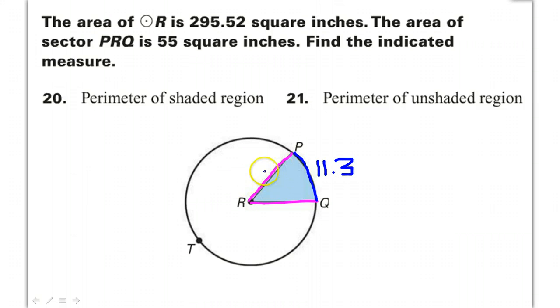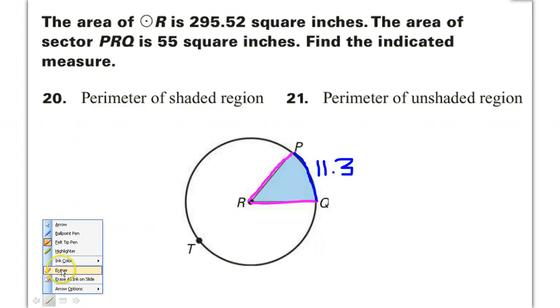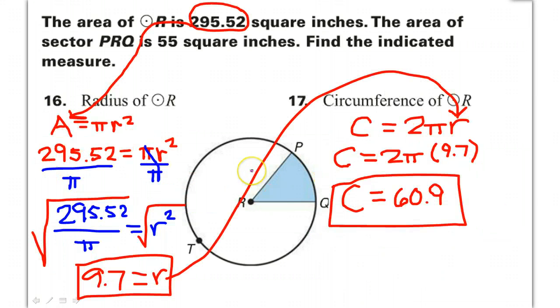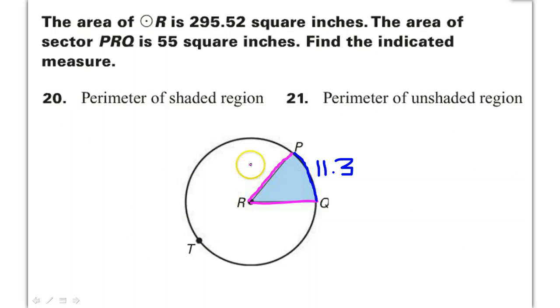Okay, now, these pink ones, RP, RQ, that's the radius. All right, I'm pretty sure we found the radius. Oh, the radius is 9.7? Yeah, that was problem number 16. All right, so the radius is 9.7. Okay, so the perimeter is going to be the sum of these 3.